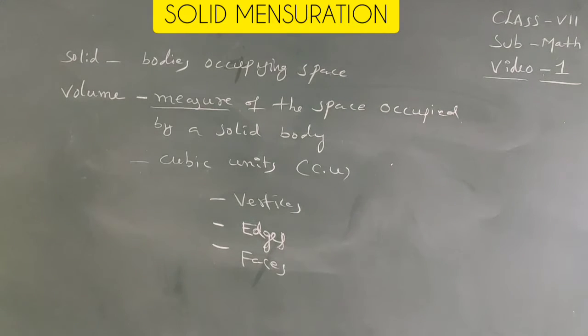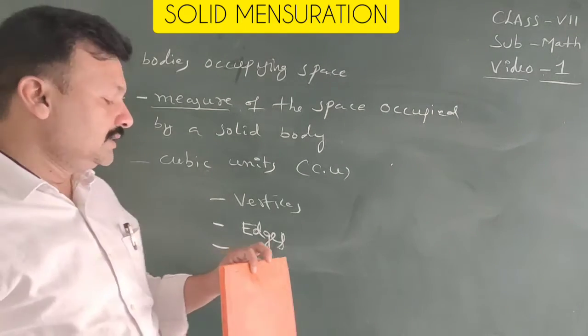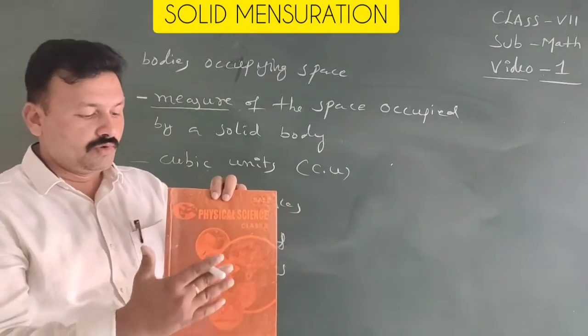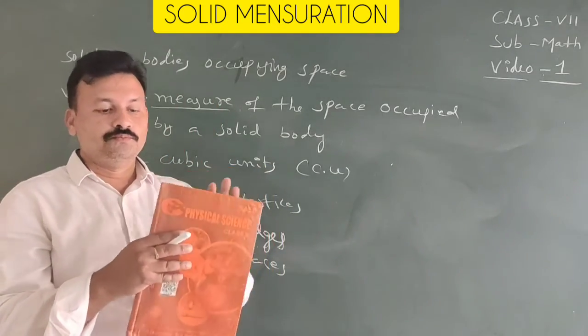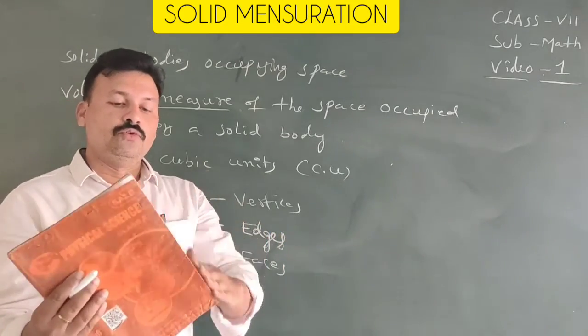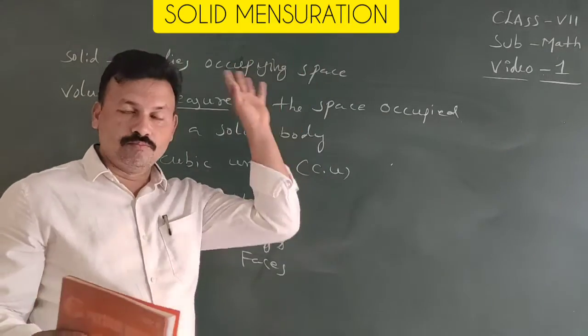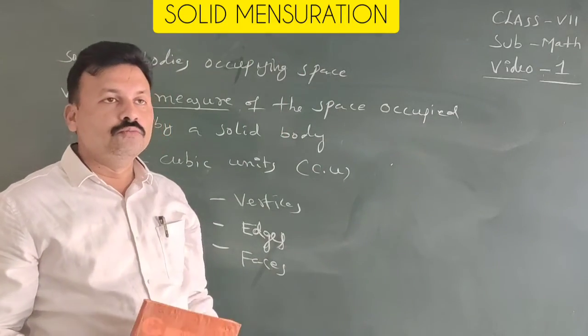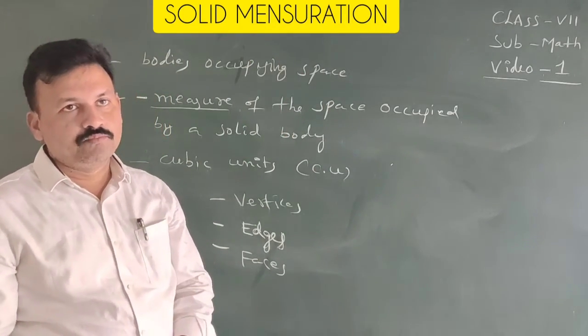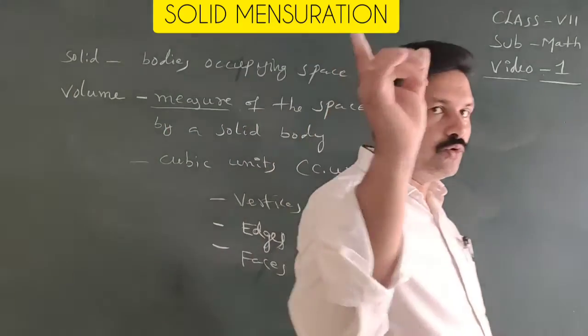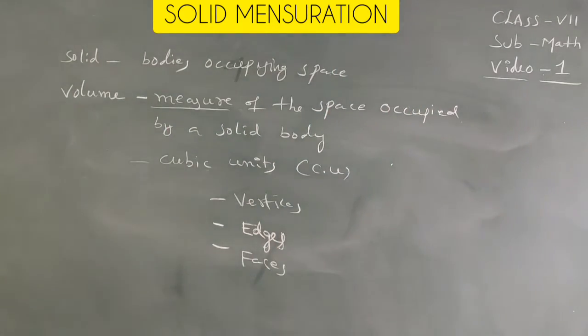Here, if you observe, it has 6 faces: 1, 2, 3, 4, 5, and 6. Consider a room, which has 6 faces. First, 4 walls of your room, for any room, including floor and top.